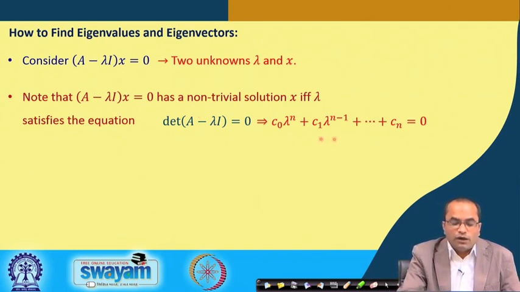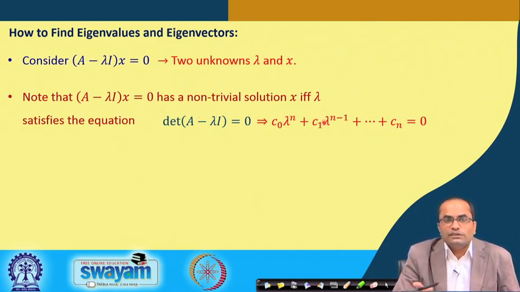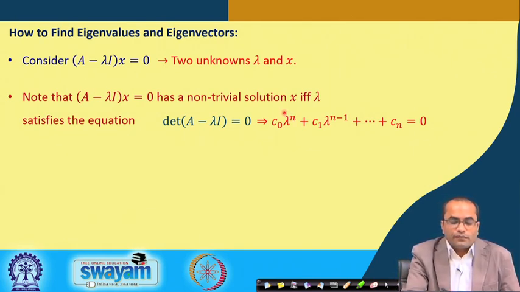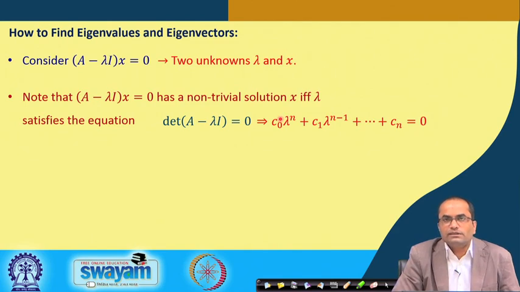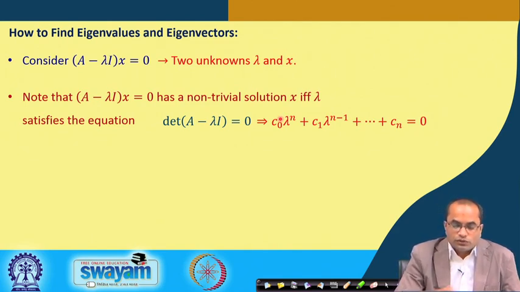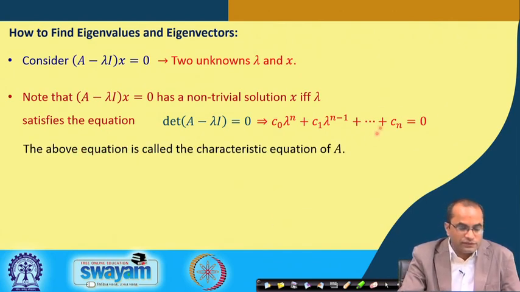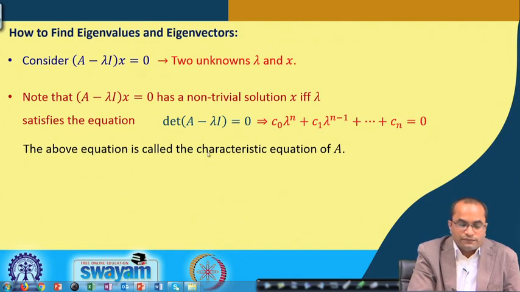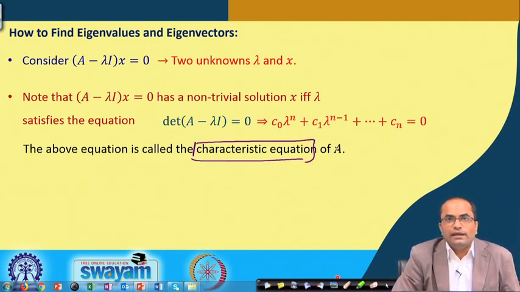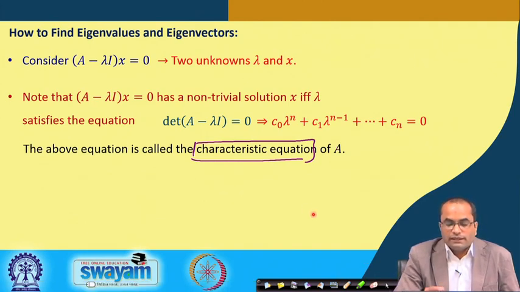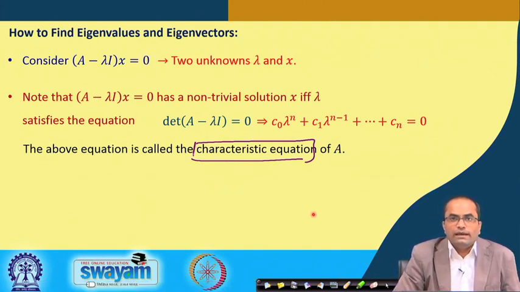If we solve this equation, we will get at most n roots, that means n values of lambda; they may or may not be distinct, and they may or may not be real. Whatever they are, this equation is called the characteristic equation of the matrix A, and after solving it we can get the possible lambdas.